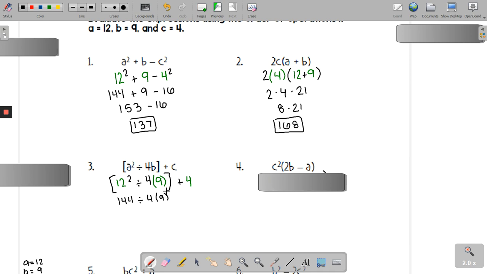So we're going to do 144, and we're going to divide it by 4. And we get 36. And then we're going to take 36 and multiply it by 9. And 36 times 9 is 324.